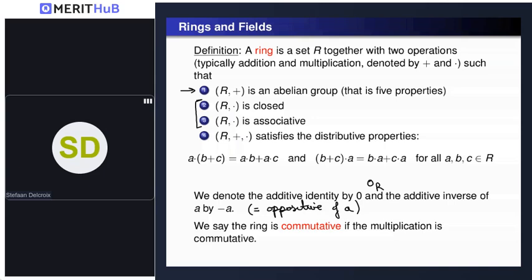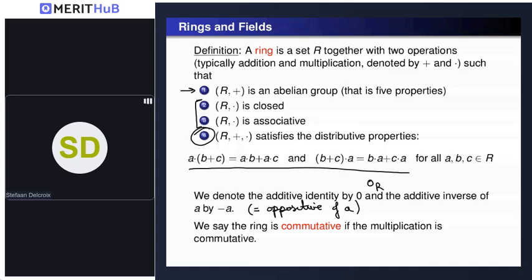Not associativity. Associativity only involves one operation. So associativity, A plus B plus C, we don't need parentheses. Same for multiplication. Correct. The only one that contains both is the distributive laws. So the reason why when you multiply by 0 you get 0 should come from these properties. That should be the reason why.